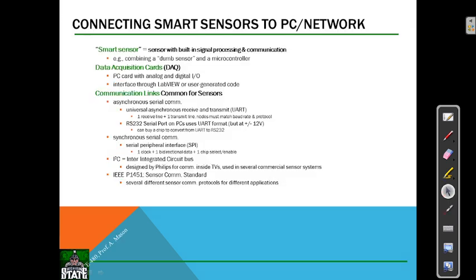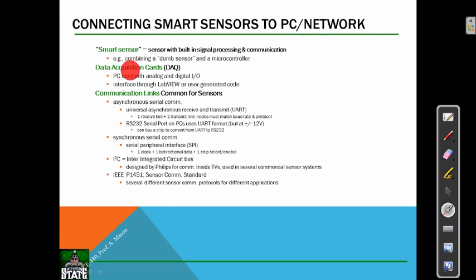The connection of a smart sensor to a PC network. How do we connect a smart sensor to a PC network? See here, a smart sensor is nothing but a sensor with built-in signal processing and communication.